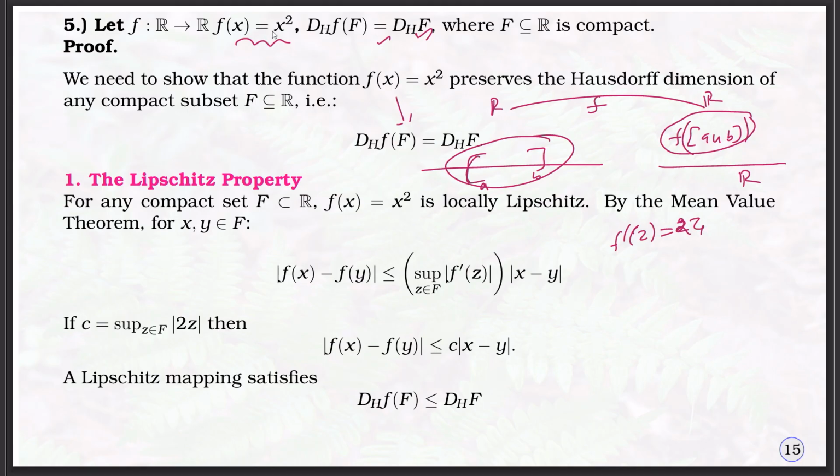We are taking the function on a bounded set, so it is bounded. Then modulus of f of x minus f of y is less than or equal to C times modulus of x minus y. So, this f is a Lipschitz mapping.